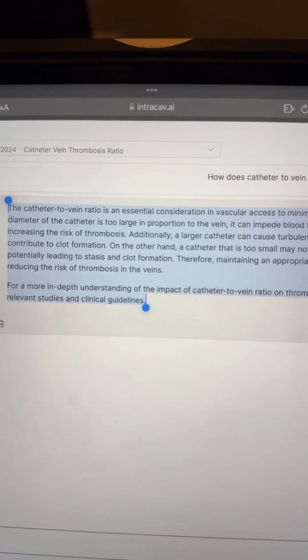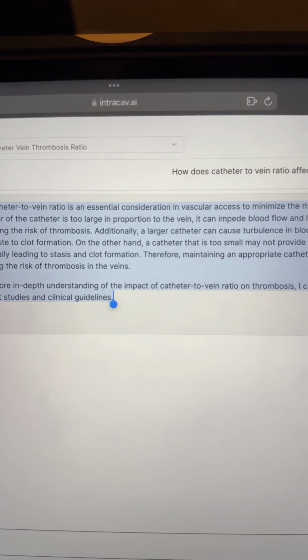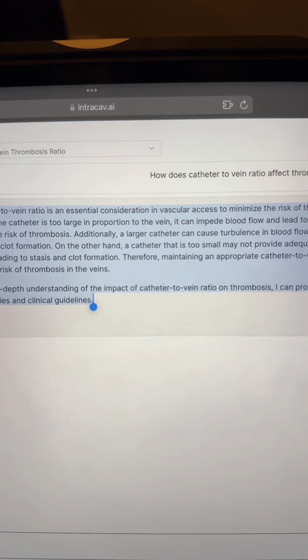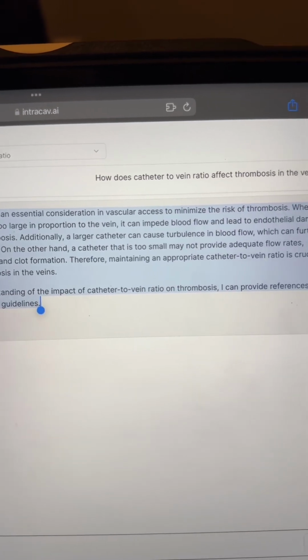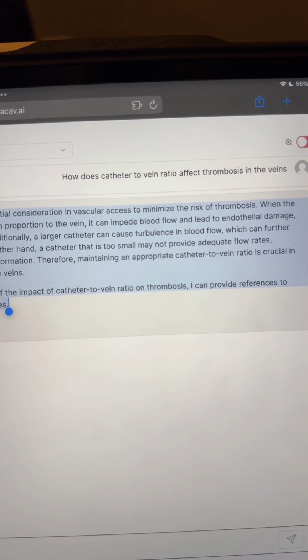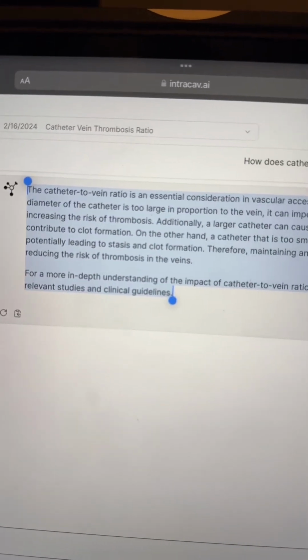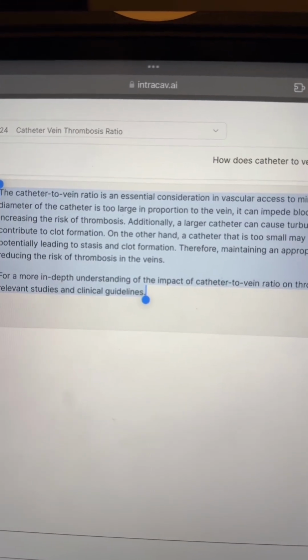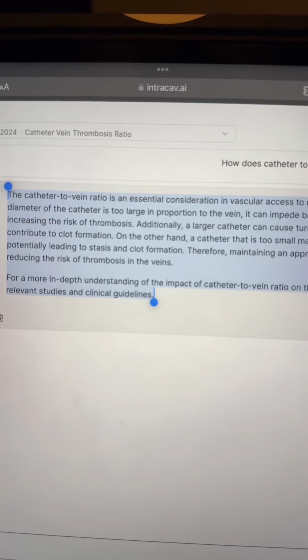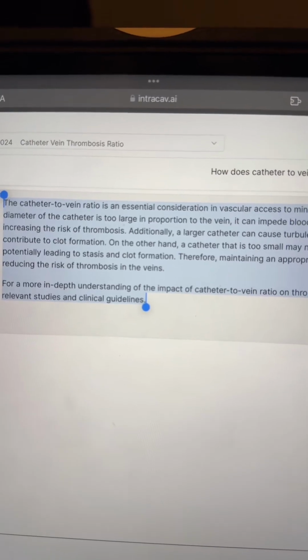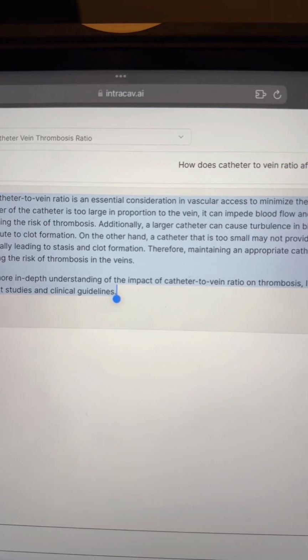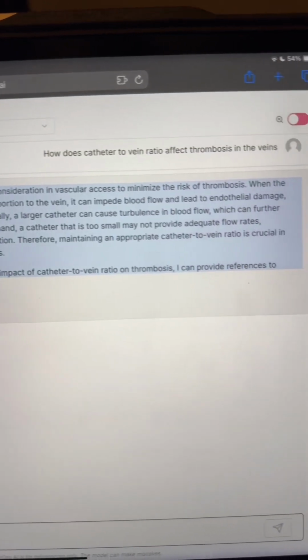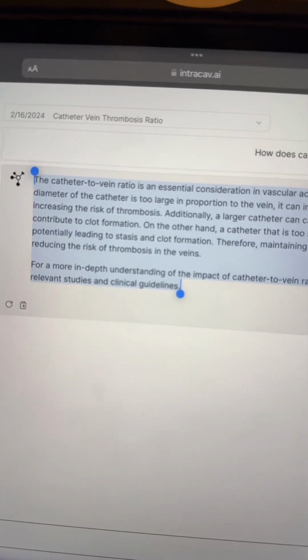On the other hand, a catheter that is too small may not provide adequate flow rates, potentially leading to stasis and clot formation. Therefore, maintaining an appropriate catheter to vein ratio is crucial in reducing the risk of thrombosis in the veins. For a more in-depth understanding of the impact of catheter to vein ratio on thrombosis, I can provide references to relevant studies and clinical guidelines.